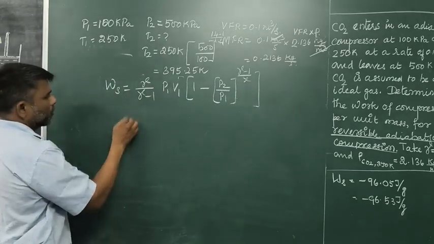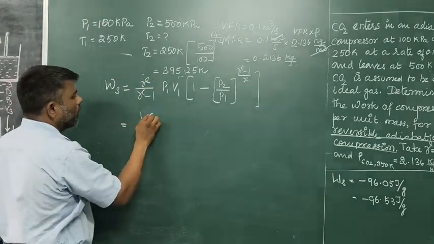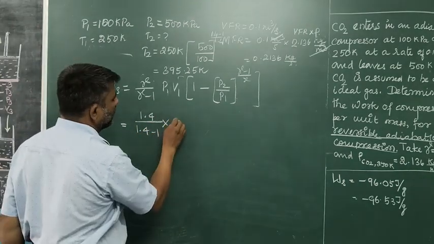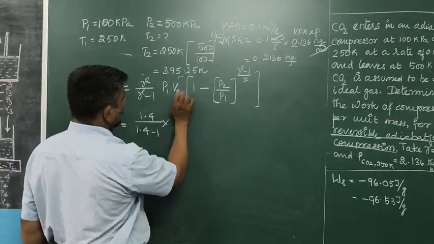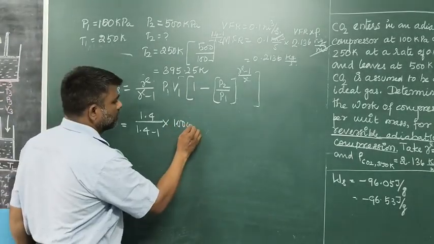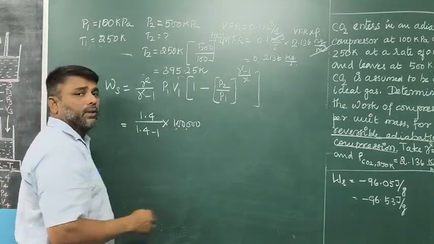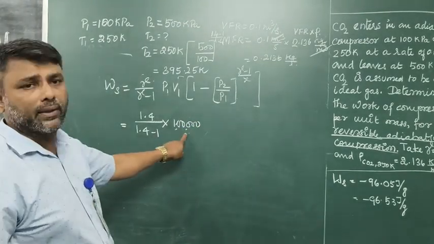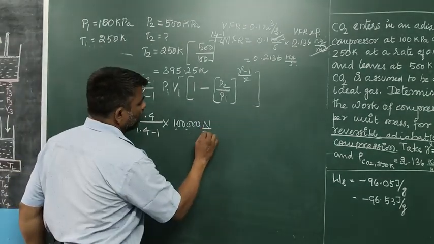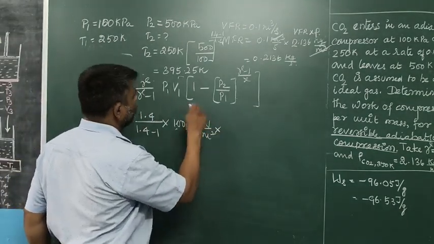Now I am going to substitute the values. Gamma 1.4 divided by 1.4 minus 1 into initial pressure 100 kilopascal, that is, multiply by 1000 to get Pascal. 1 Pascal is equal to Newton per meter square. So 1 lakh Newton per meter square into V1.